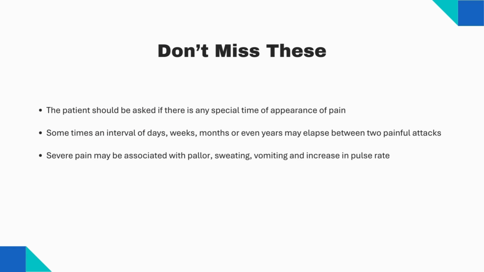Don't miss these points. The patient should be asked if there is any special time of appearance of pain. Sometimes an interval of days, weeks, months or even years may elapse between two painful attacks. Severe pain may be associated with pallor, sweating, vomiting and increasing pulse rate.